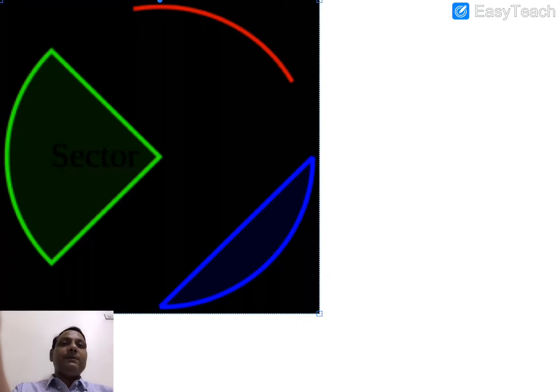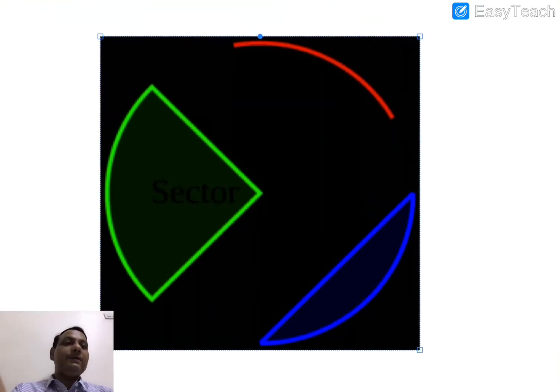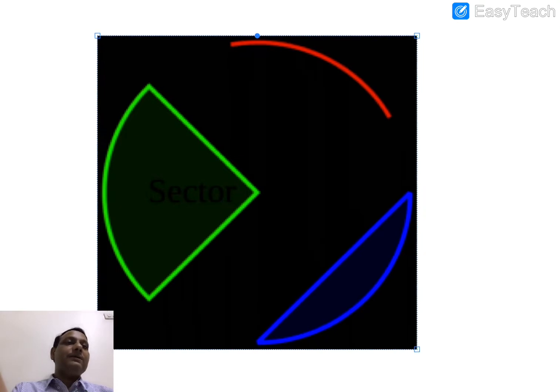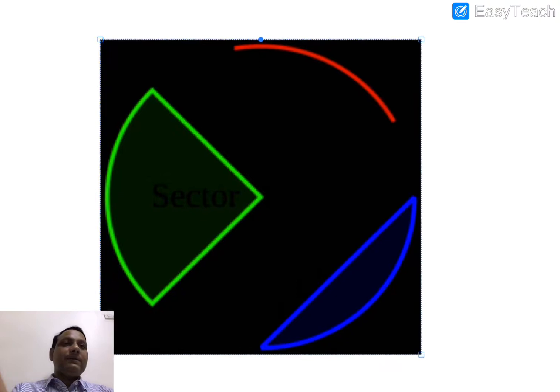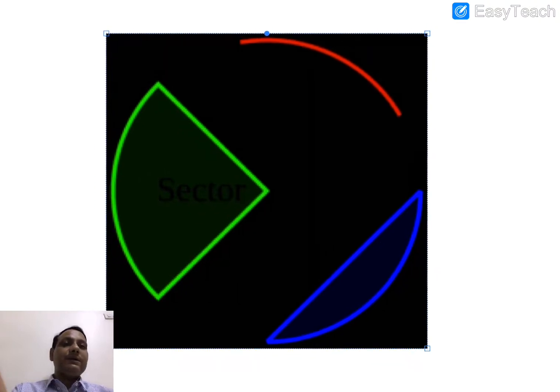Here we have the sector and the circle, and I made this to make it much clearer. This is your arc length.